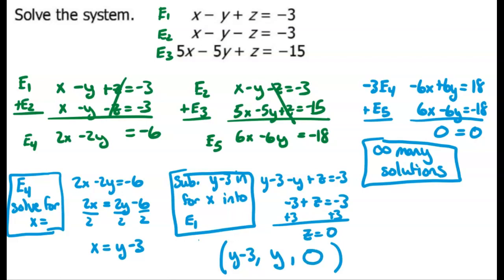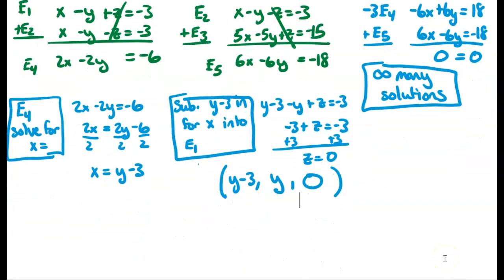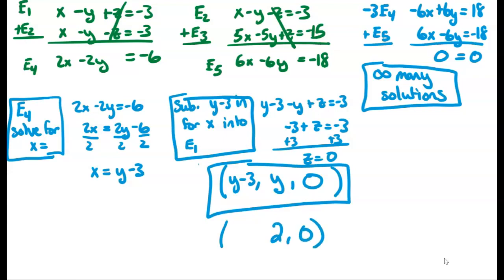So basically what this is saying is that if you were asking for sample answers, if y was, just pick a number like 2, z is 0, and x is the y value minus 3. So 2 minus 3 is negative 1. That is a sample answer.